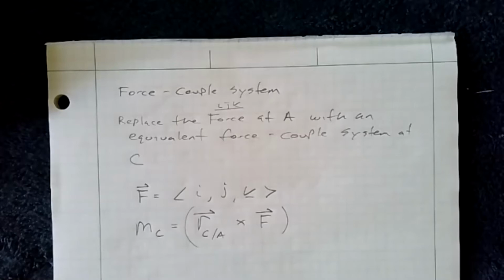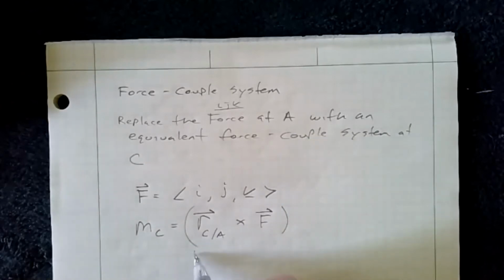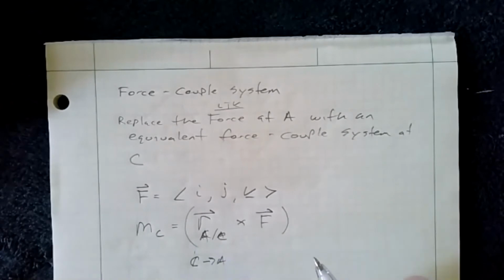And we wanted to move it to O. So we went from O to A. And so in that case, we want to go from C to A. Sorry, I think that's backwards. A relative to C. All right.